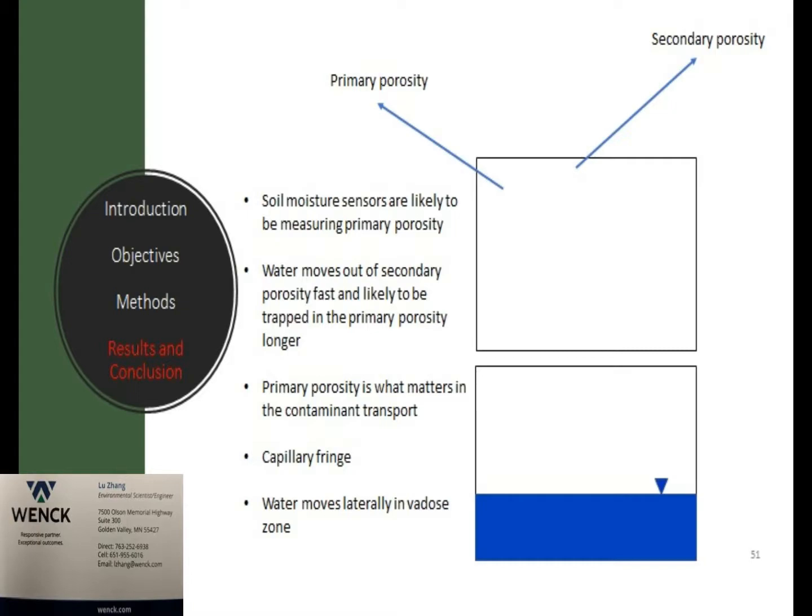For the lysimeter, there's a suction applied on the sampler itself, so it could suck more primary porosity water out, and the piezometer functions as well. It's also interesting which part of the water is actually getting sampled in those wells and piezometers.